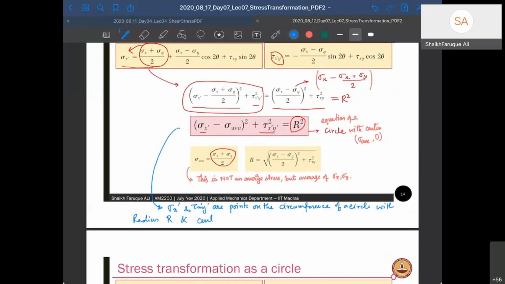Because these are the two things you need to draw a circle. Sigma average, I can write as sigma x plus sigma y by 2, comma 0.